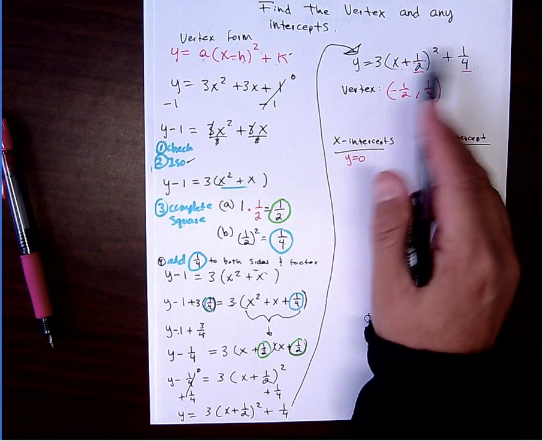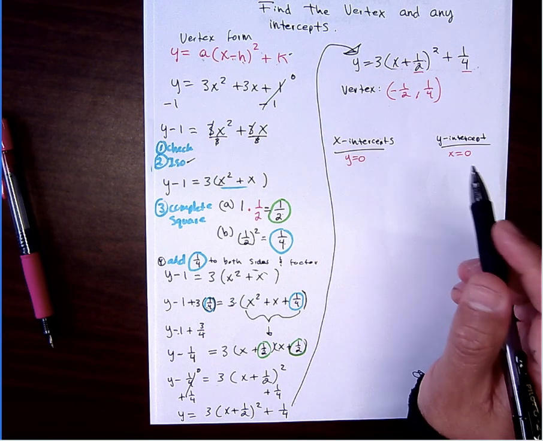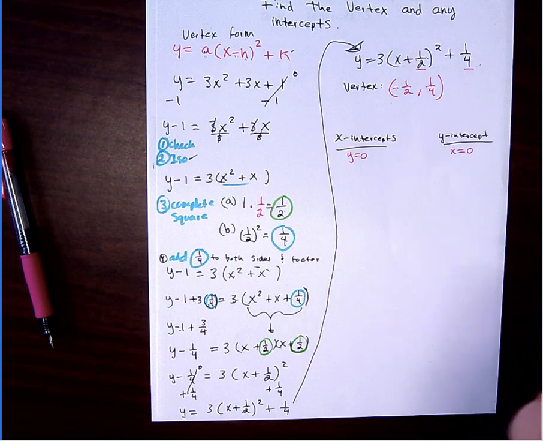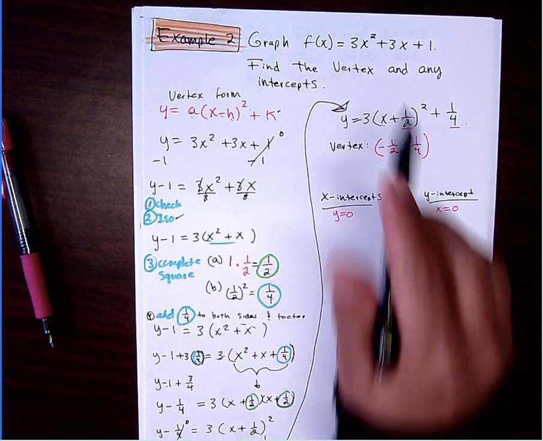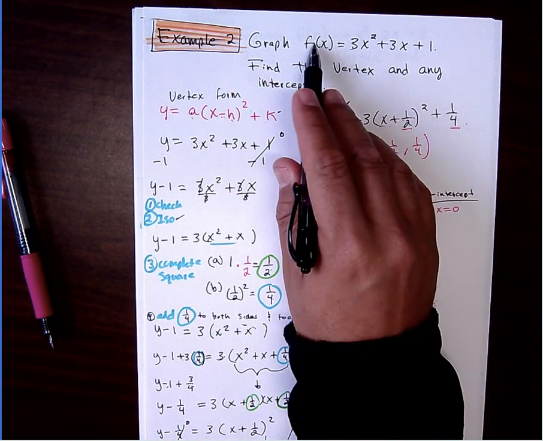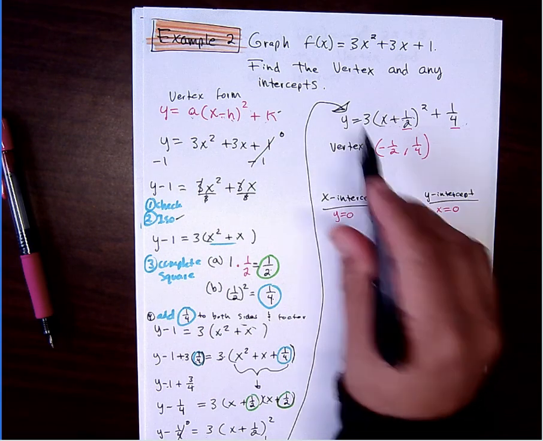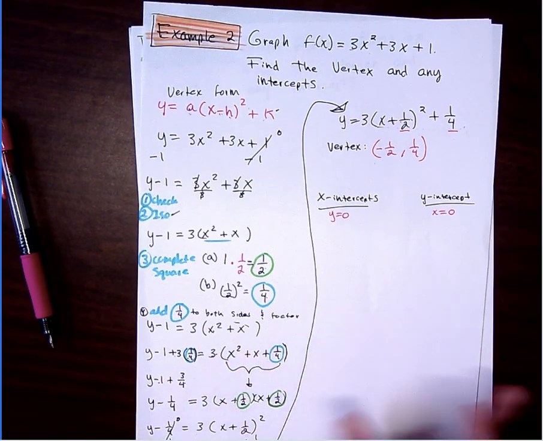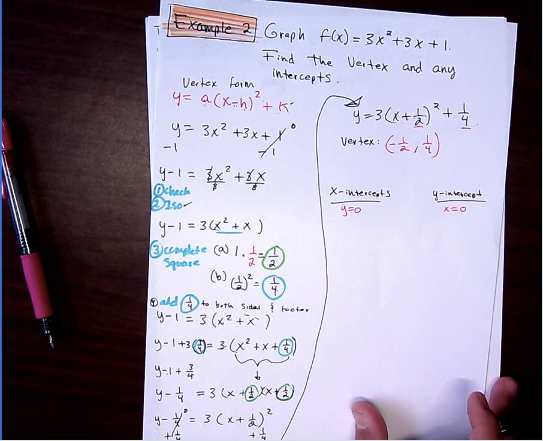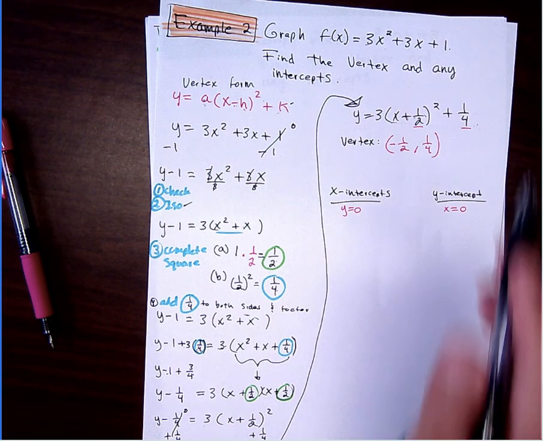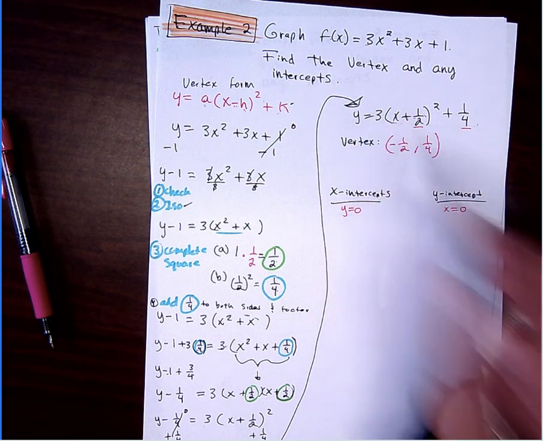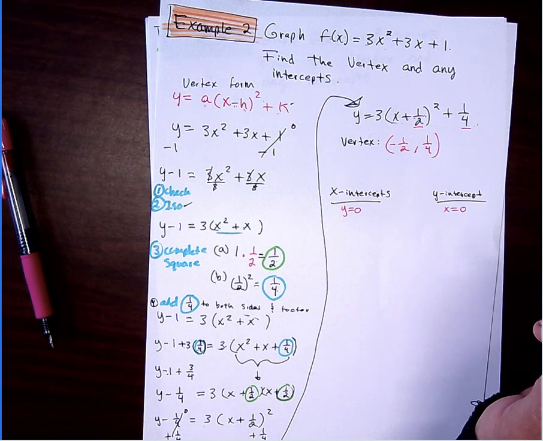And you can use this one, or you can use the original with the y instead of the f of x. You can use that and make that y, like we did here, and then make that y 0. But I don't want to do that. I think I'm going to use this one. See how that goes.